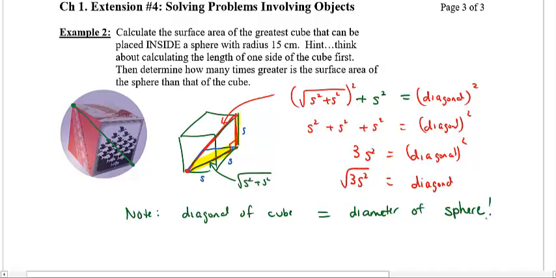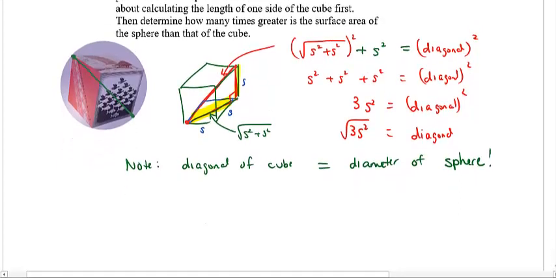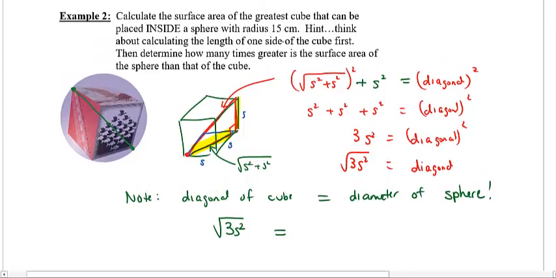So, what does that mean? Well, if I want it to be big, I need it to be like that. So, the diagonal, which is root 3S squared, must be equal to the diameter of the sphere. If the radius is 15, then the diameter is, that's right, 30.